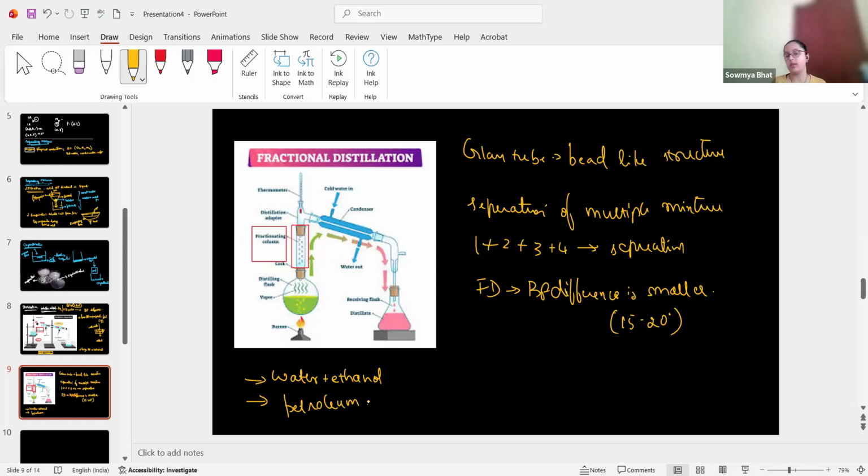They are separated using this. So they use fractional distillation to get pure petroleum. Okay. Yeah, you can move on.